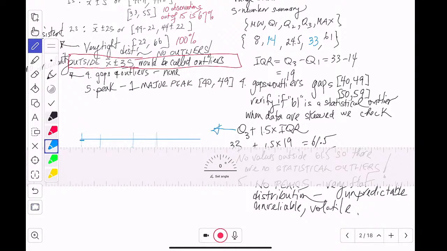And then 61. Oh, no, I'm not going to get to it. It's going to be way over here. It'll be like way over here somewhere.